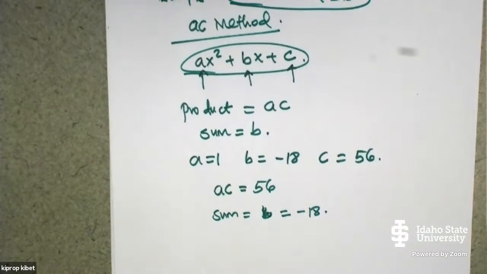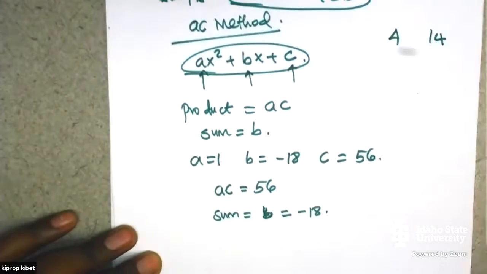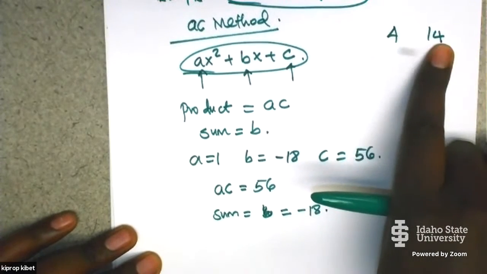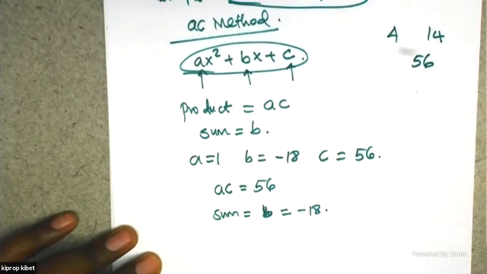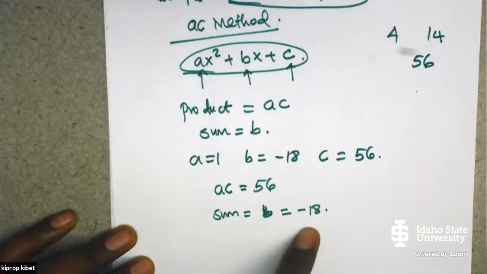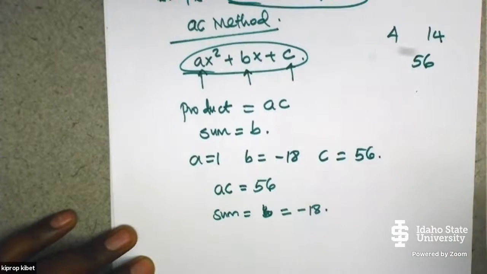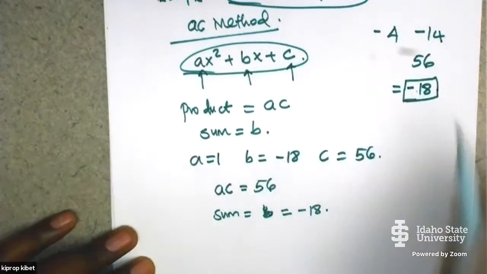Those two numbers are 4 and 14, right? 4 times 14 is 56. But the sum here is minus 18, so both of them should be negative, so that we get minus 18.